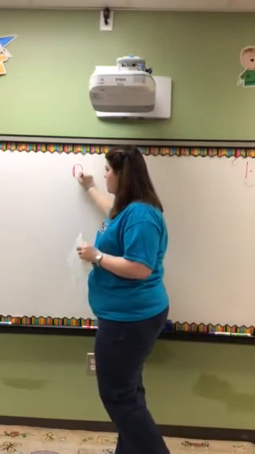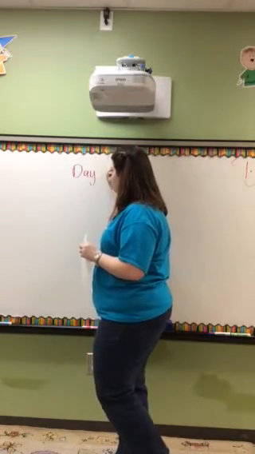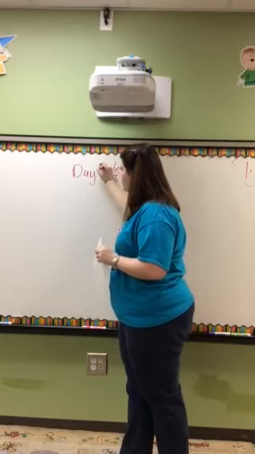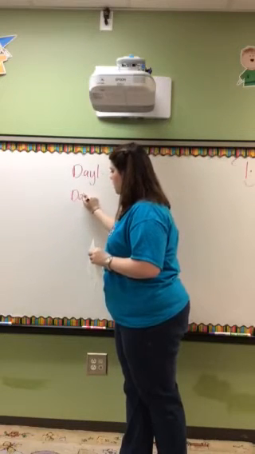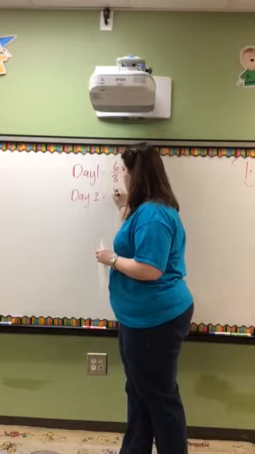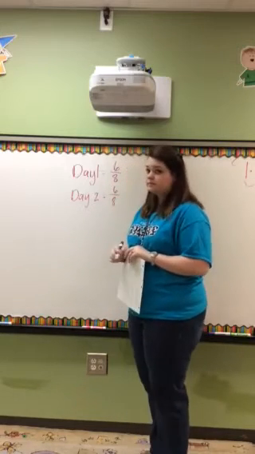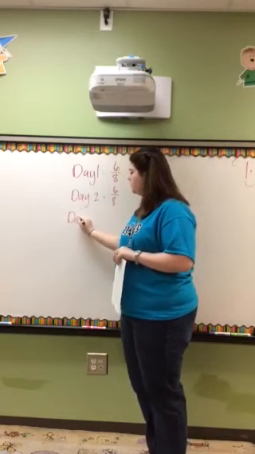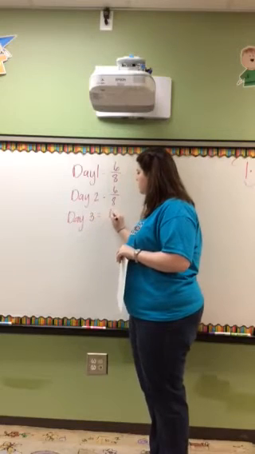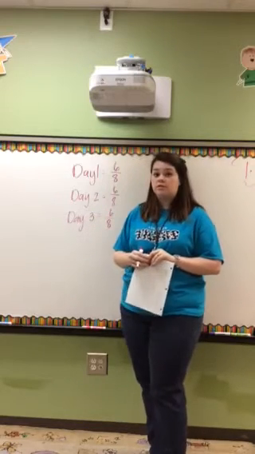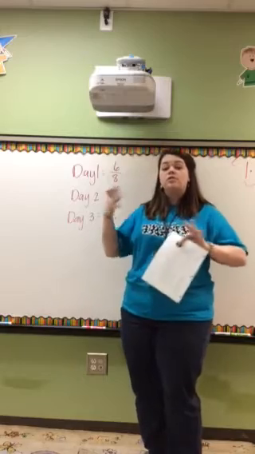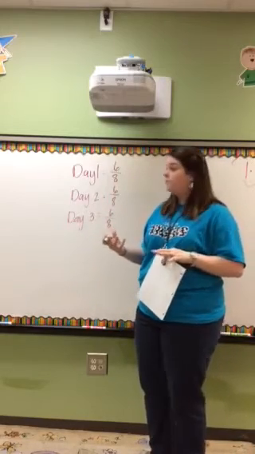So that means on day 1, she drank 6/8. On day 2, she drank 6/8. And on day 3, she has had 6/8 cups of orange juice. And I want to know how much she had total over the 3 days.